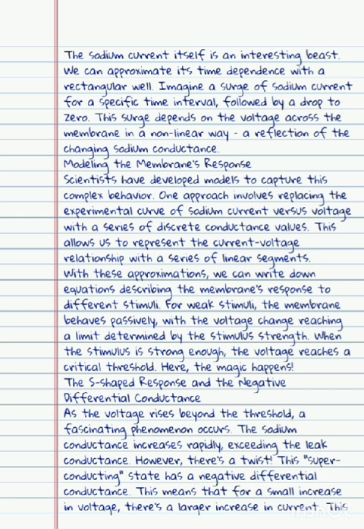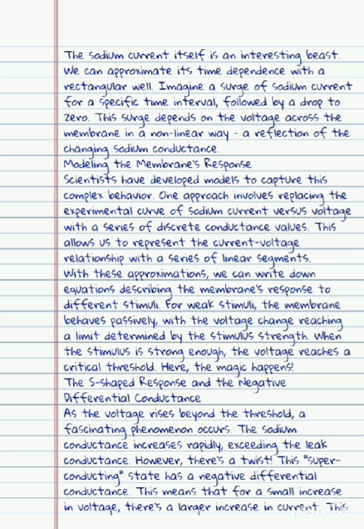Here, the magic happens. The S-shaped response and the negative differential conductance. As the voltage rises beyond the threshold, a fascinating phenomenon occurs. The sodium conductance increases rapidly, exceeding the leak conductance. However, there's a twist. This state has a negative differential conductance.